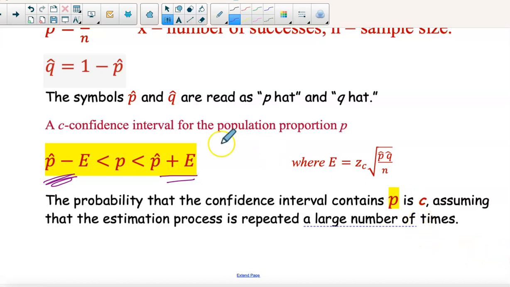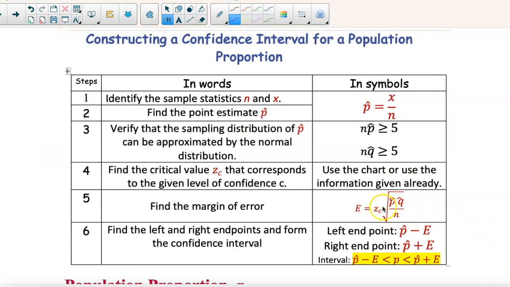Now, let us look at this piece. How are you going to get that? I have a separate table in the next slide for constructing a confidence interval for a population proportion. In step 1, we identify what x is and what n is, and substitute those values. x over n gives you the point estimate p hat.